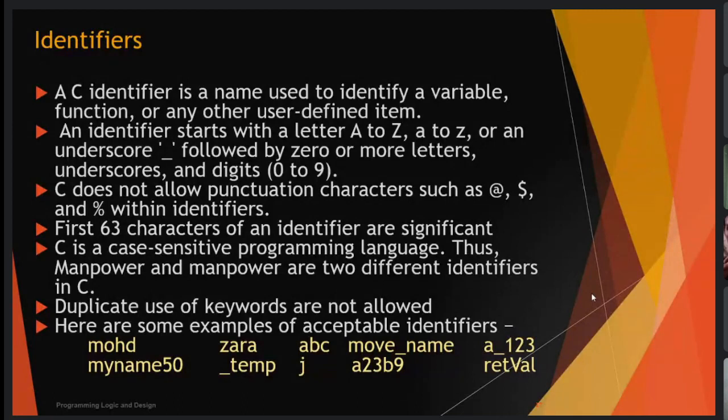Okay? So C does not allow punctuation characters. Okay? So punctuation characters such as at sign, dollar sign, unsa pa maning sign na diri. Uh, mga symbols, characters, special characters nga naa diri sa ato ang keyboard. Okay?